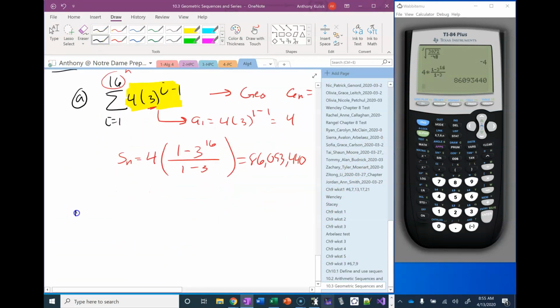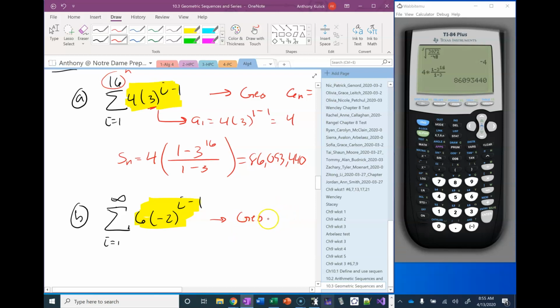Let's do another. So again, first thing I'm going to do is look at the sequence that I'm summing over. And again, because I notice the index variable is in the exponent, I know that this is geometric.